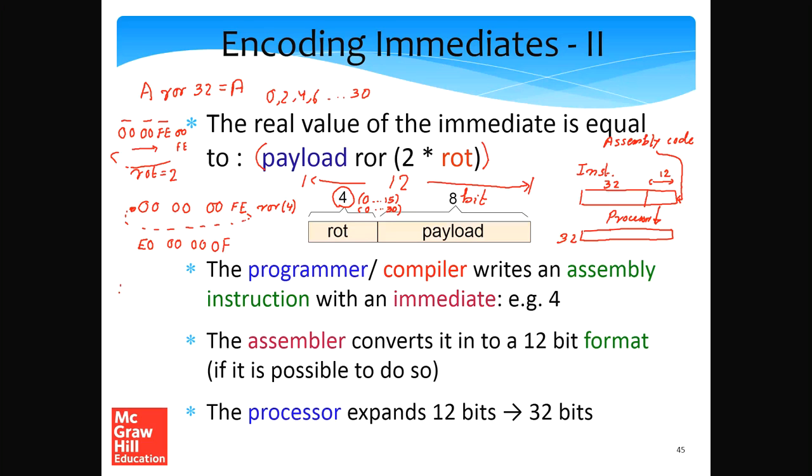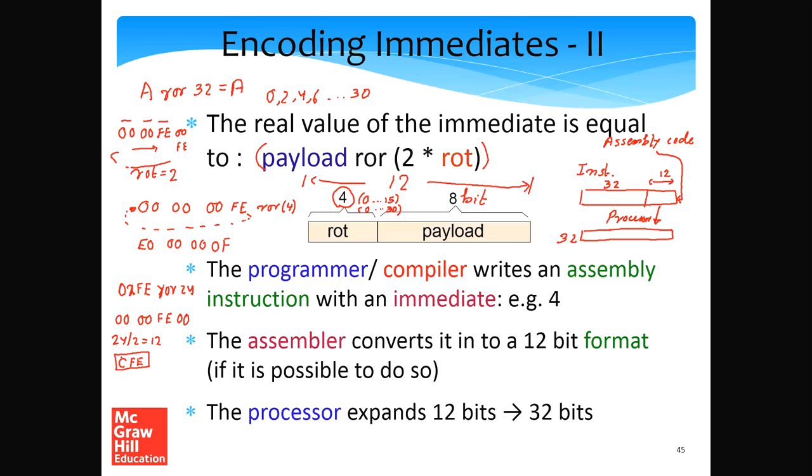So basically, I can consider 0xFE right rotated, ROR 24, is essentially this number over here. So its encoding would basically be, so 24 divided by 2 is 12. So its encoding will basically be, the ROT field will be 12, C, FE. Right? So this is the encoding of the immediate field.